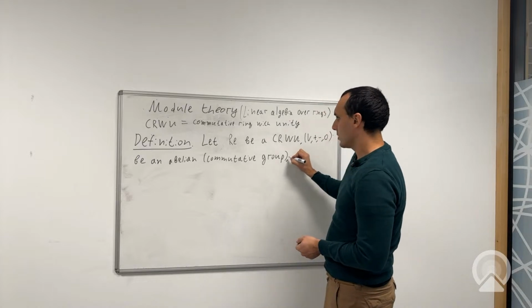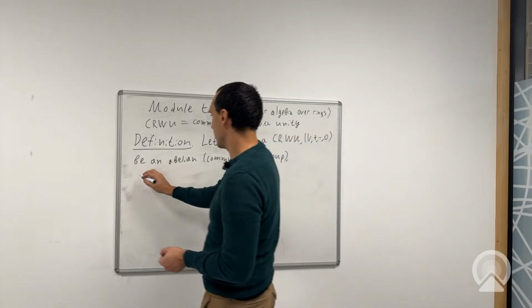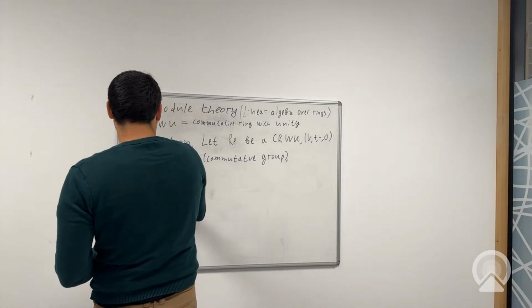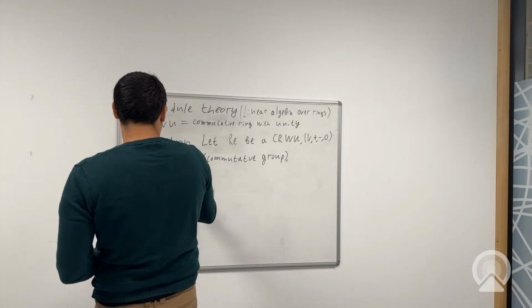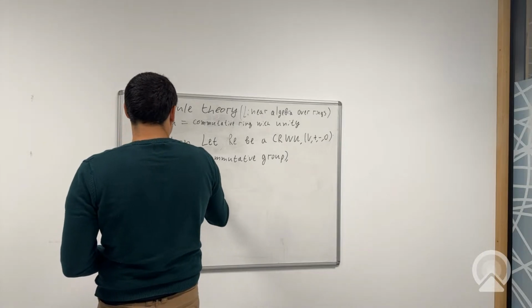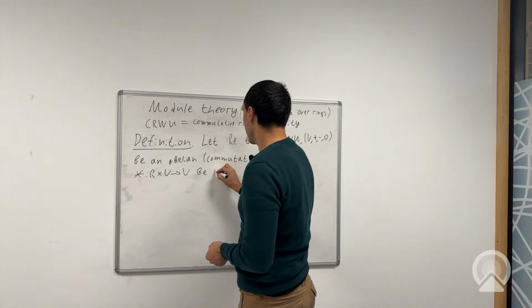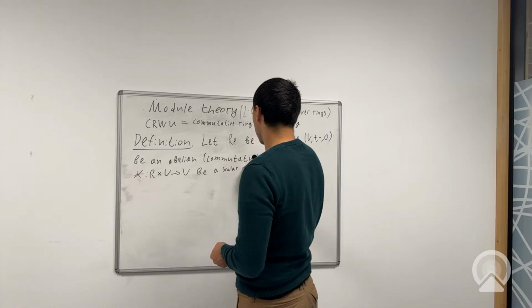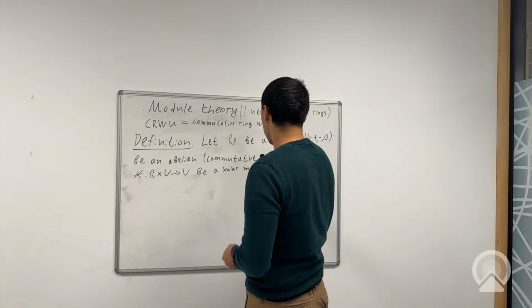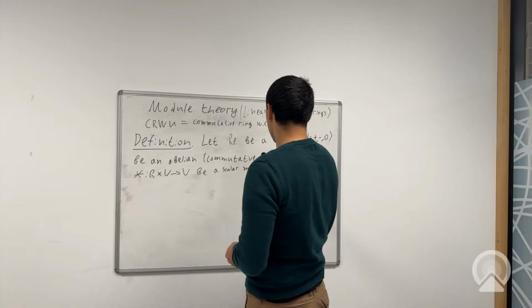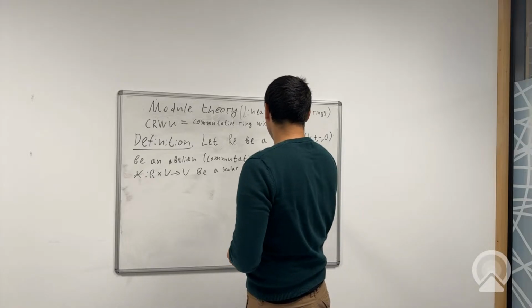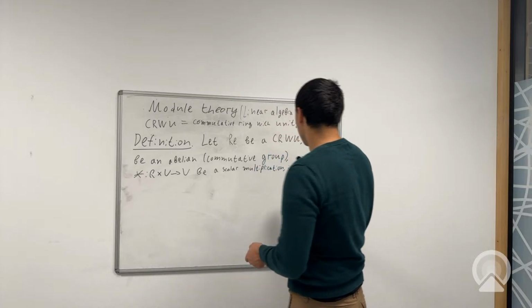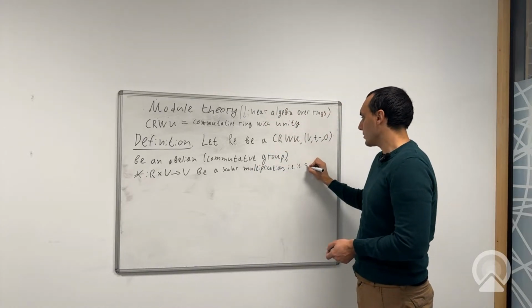And star from R times V to V be a scalar multiplication, i.e., it satisfies the following properties.